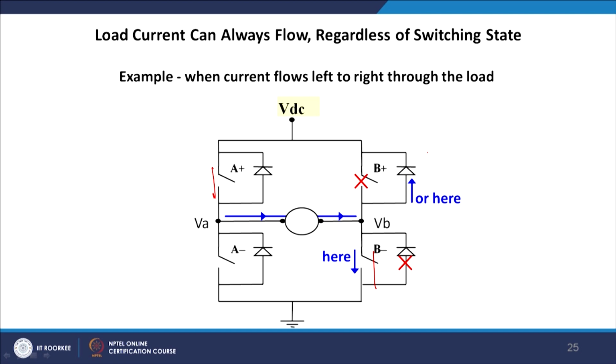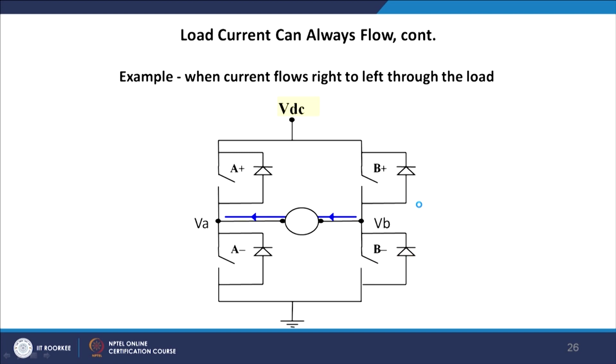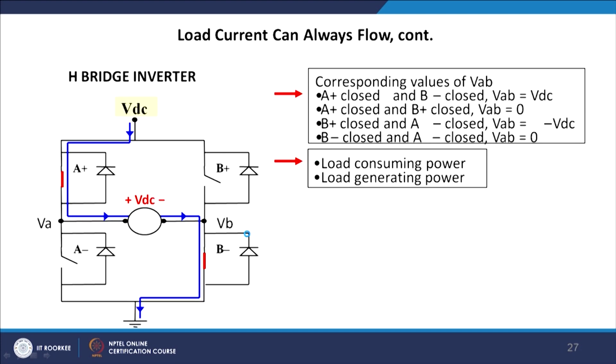And thereafter current will flow through this. When the current direction changes, then this will be the direction of the current initially. Thereafter the diode will conduct, this will be the direction of the current, and thereafter this is the total circuit.